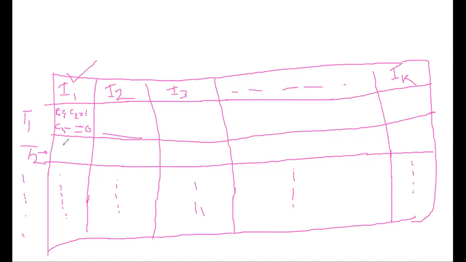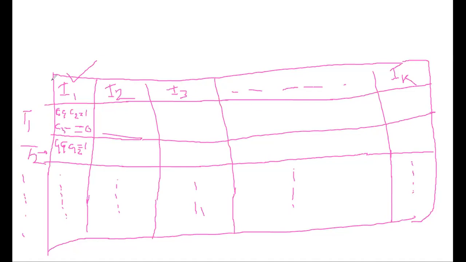Similarly, here it may be C1, C9 or C12. This is 1, and any other components are 0. In that way you have to complete the total table.